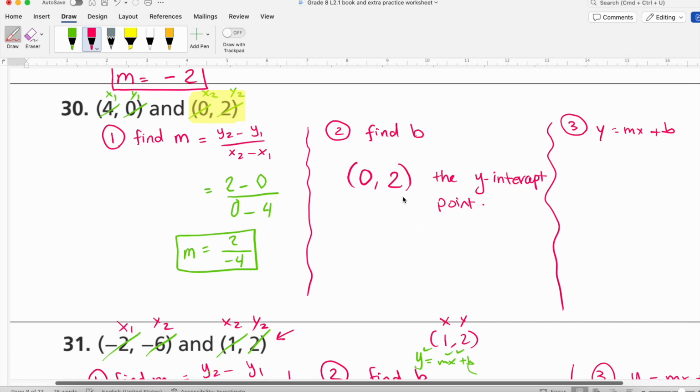This is a point with a y-intercept. How did I know? Because the x is 0. If the x is 0, then the other number is called the y-intercept, which is b. So b equals 2.